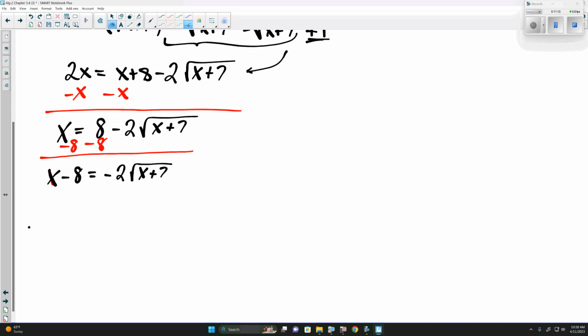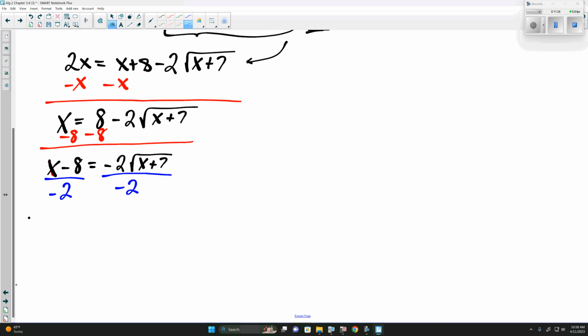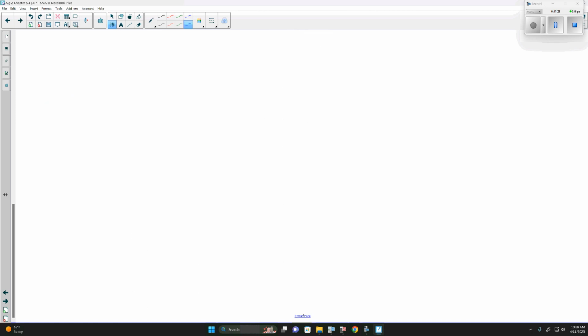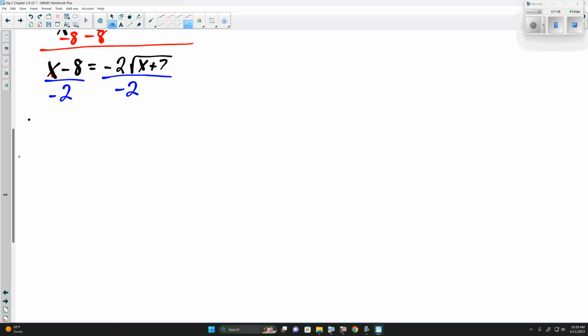Is the radical by itself? No, we've got to do what? Divide both sides by negative 2. When we divide both sides by negative 2, we have the square root of x plus 7 is equal to x minus 8 over negative 2.